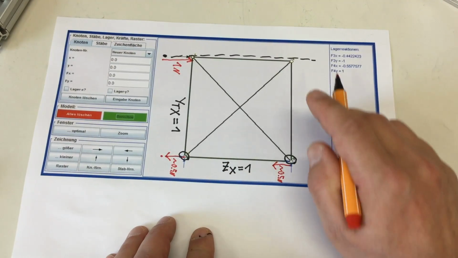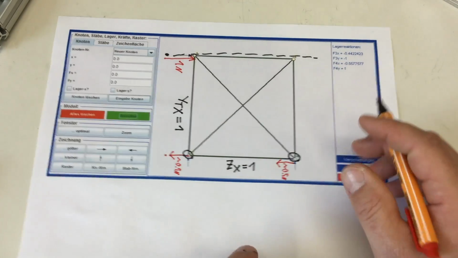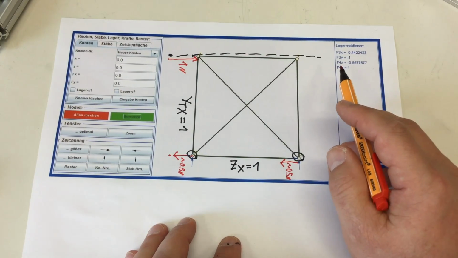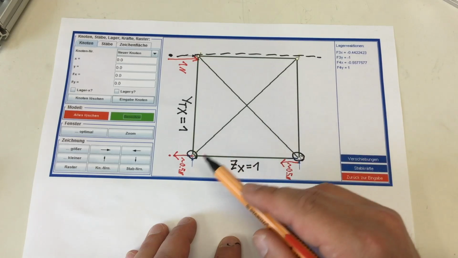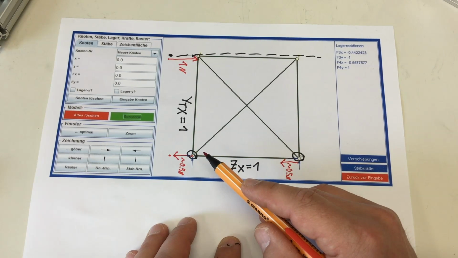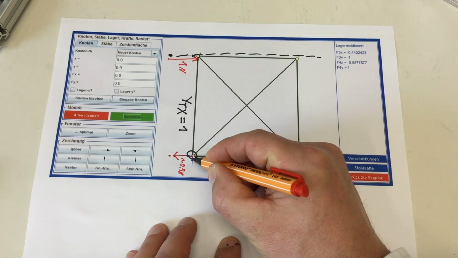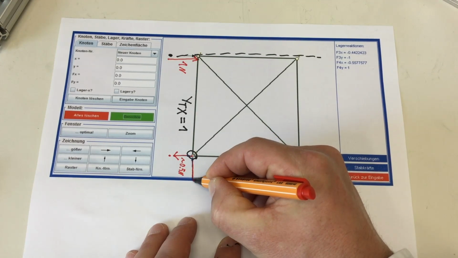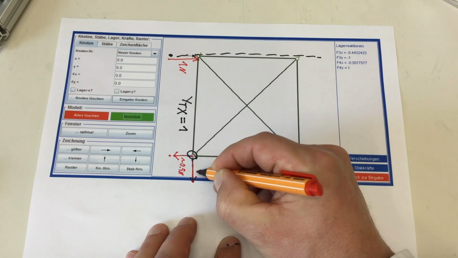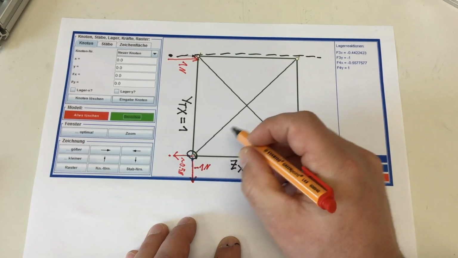And then it calculates two more forces. The first one is again on point 3, which is -1, so downwards here, -1 Newton.